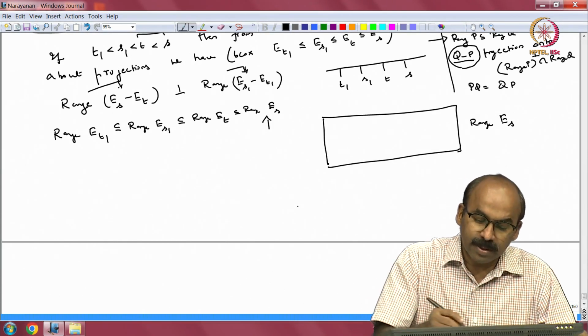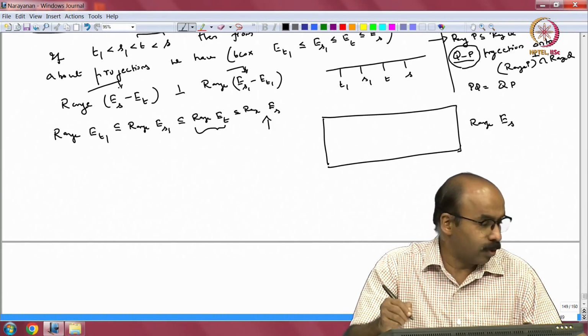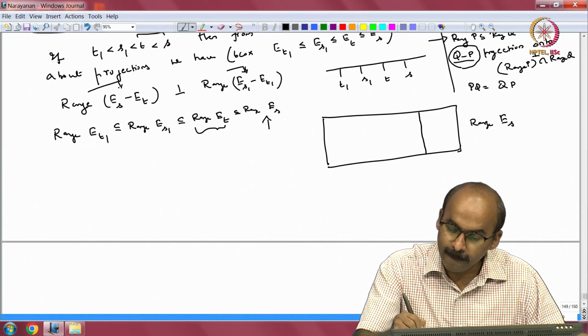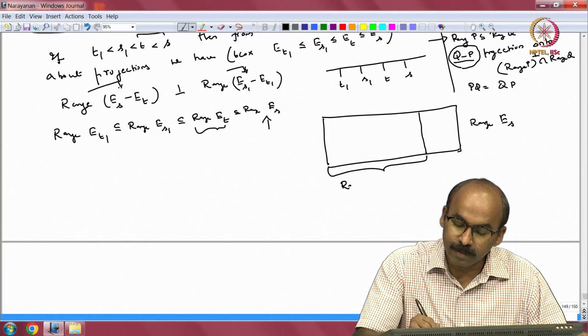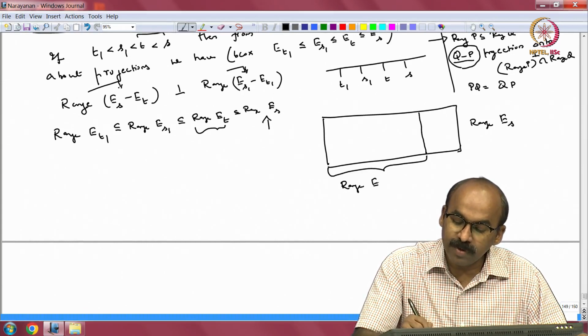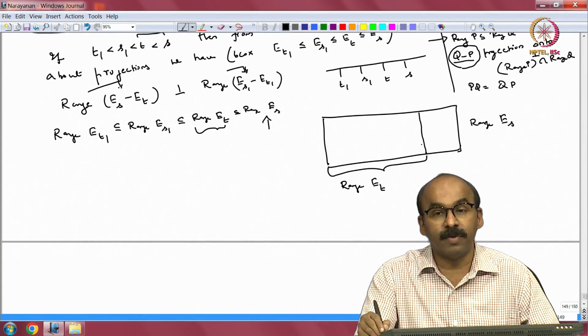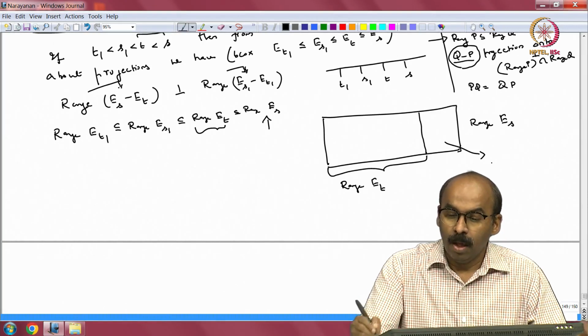Now, look at the first one, range of E T. Let us say up to here, this is range of E T. Range of E T is contained in range of E S, so it is a closed subspace of range of E S. What is remaining?